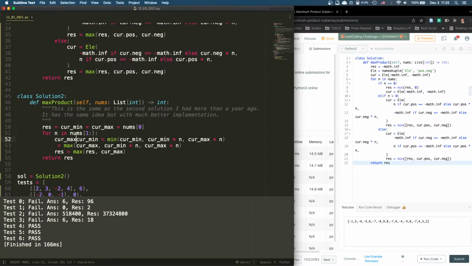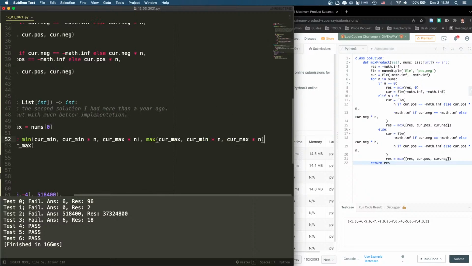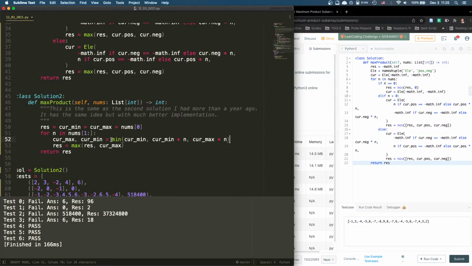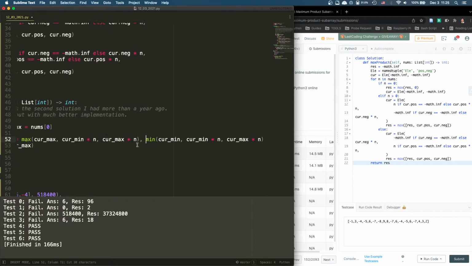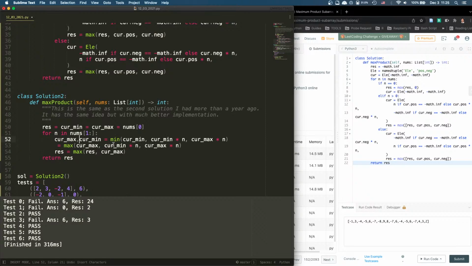Maybe this one will work, right? Because this will compute them. This will not first compute. Now I think it's still, I don't like it. That's why.